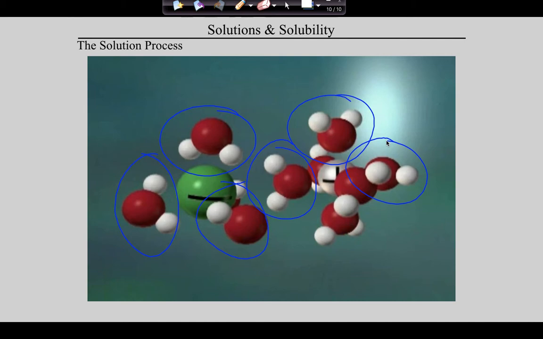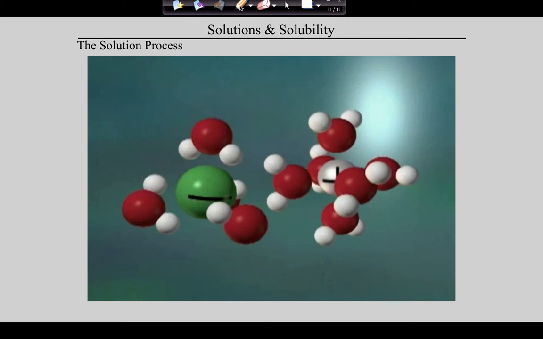Okay, now, what if this green guy was no longer chloride? What if this green guy was a substance, an ion, that could act as a base?